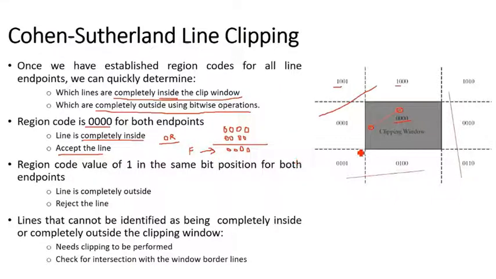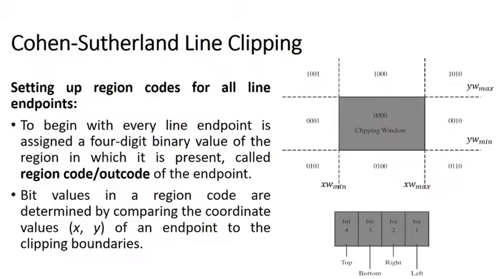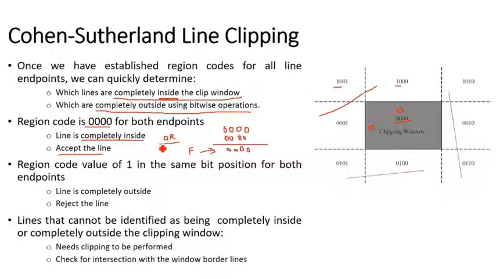Now that is one way I can easily determine if my line is completely inside the clipping window or not. So initially I'll assign the region codes, and then I'll compute the line endpoints' outcodes. After that, I perform the OR operation between these outcodes. If the OR operation gives me false, that means my line is completely inside.